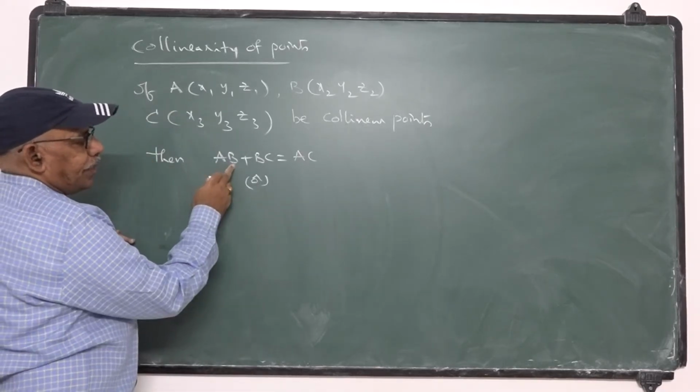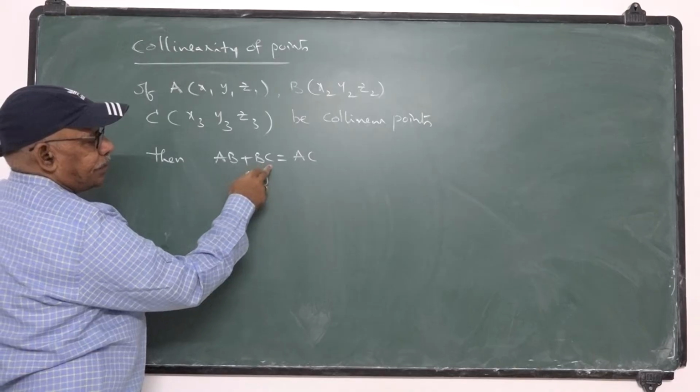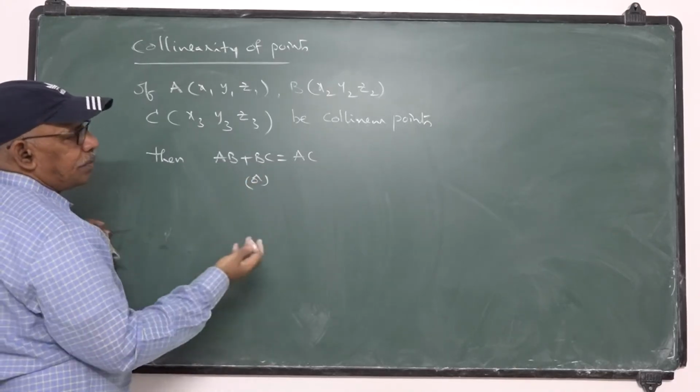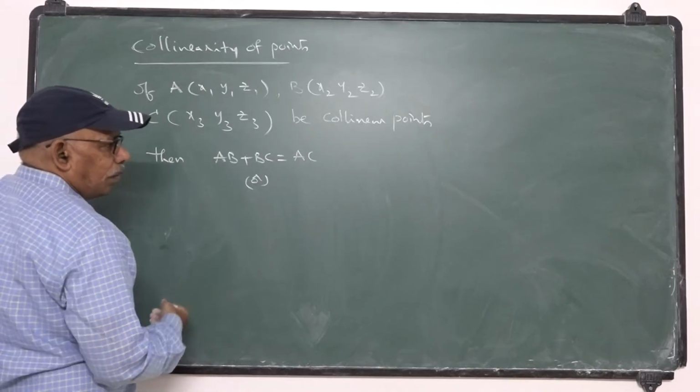The distance between AB plus the distance between BC is equal to the distance between AC, then ABC are collinear.